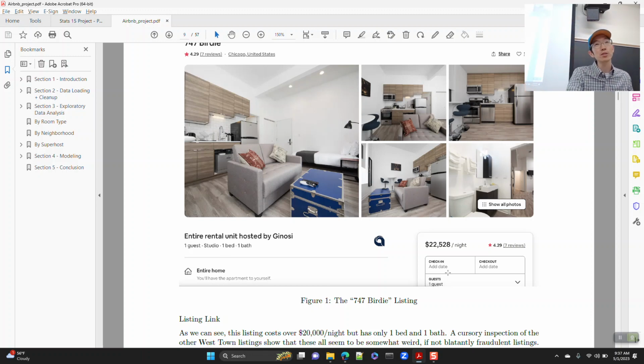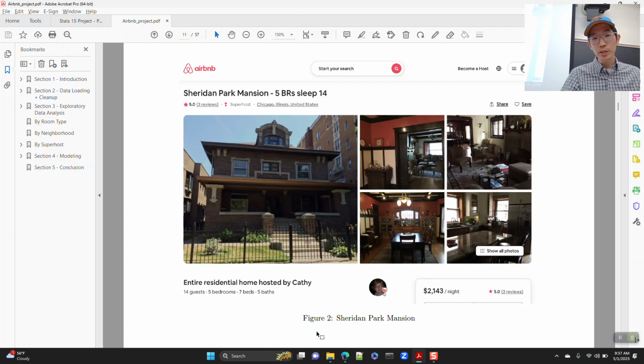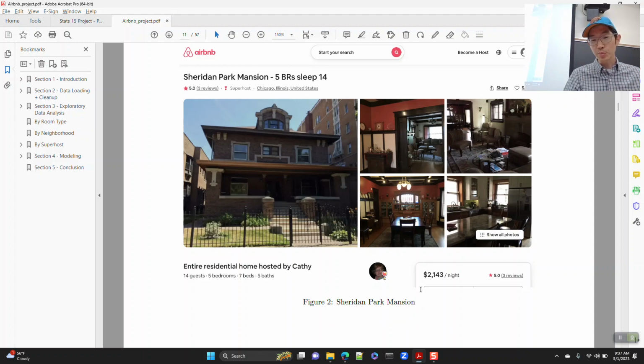But I appreciate that they took the time to go through this and identify problematic values. Here was another one that was $2,000 per night, and they looked this up, and this was a mansion with 7 bedrooms, 5 bathrooms. Yes, it's pretty expensive, but they said they could understand renting an entire mansion for $2,000 a night, which sounds crazy to me, but they decided this might be a legit listing.